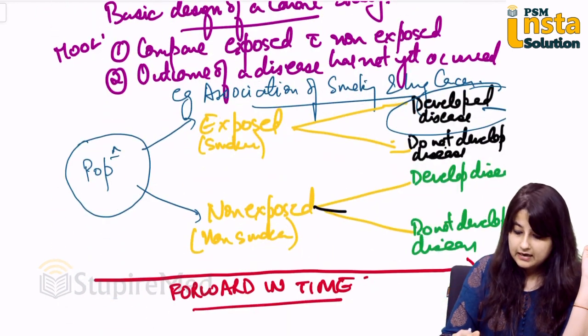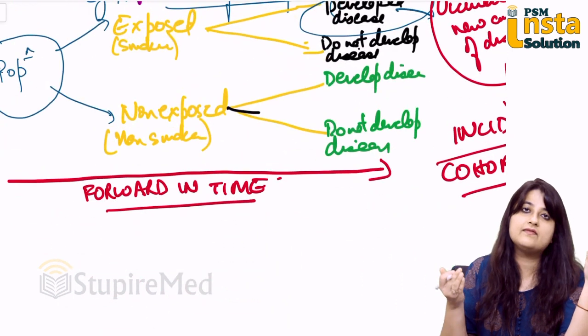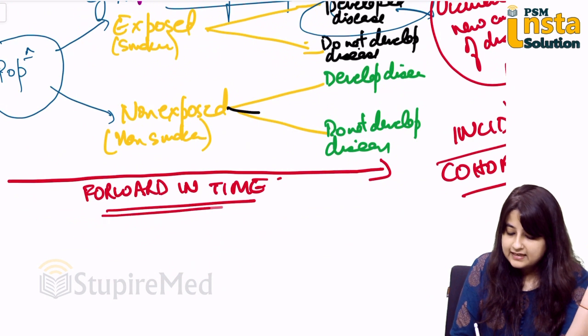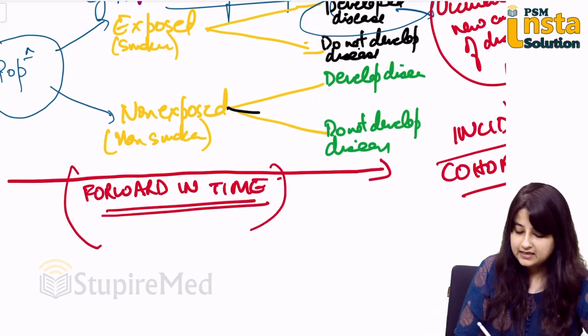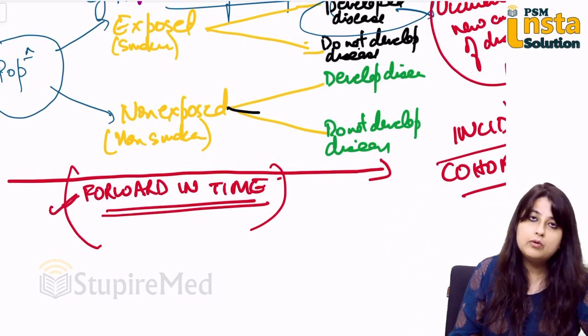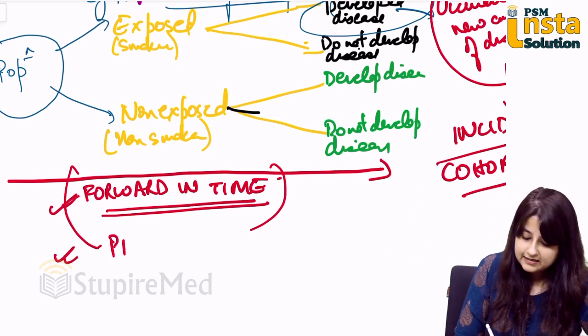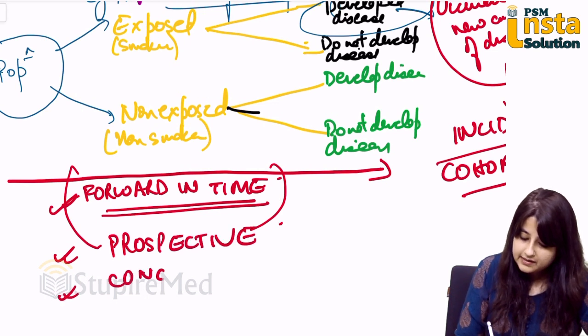Okay, now since we are doing it, let us answer one more question. What are the other terms that denote a cohort study or going forward in time? The synonyms are forward looking study, prospective study design, and concurrent study design.